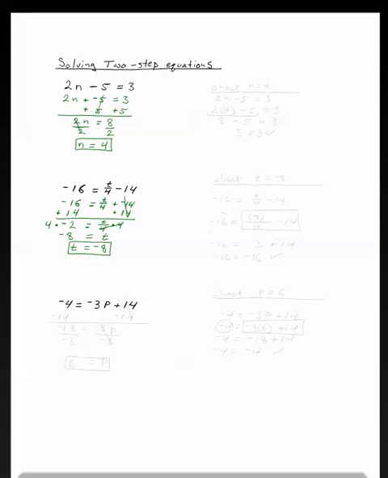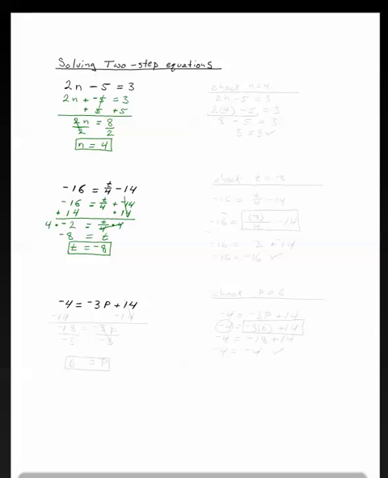In our third equation, we have negative 4 equals negative 3p plus 14. Well, we don't have any subtraction to change to addition of the opposite, so we can get started. Looking at the p, it's negative 3p plus 14.